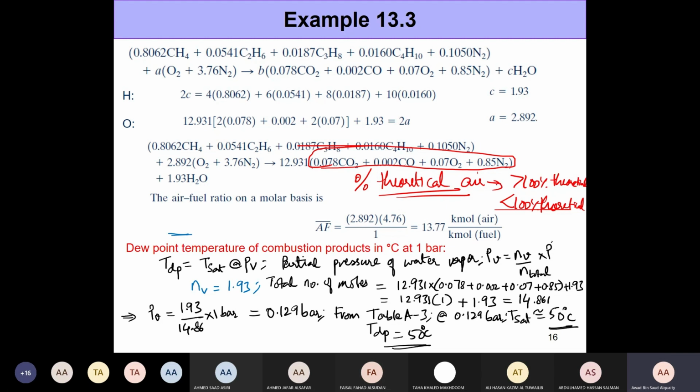What I'm trying to ask is, do we have excess air in the fuel air mixture that we provided, or is it less than what was needed? The combustion products give you an idea about whether there was excess air or less air.